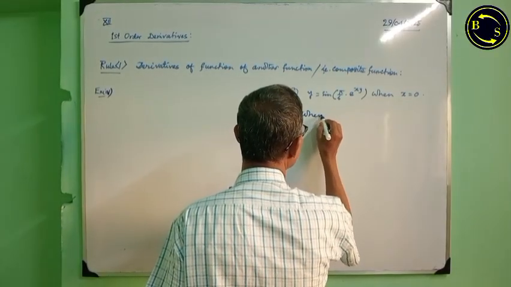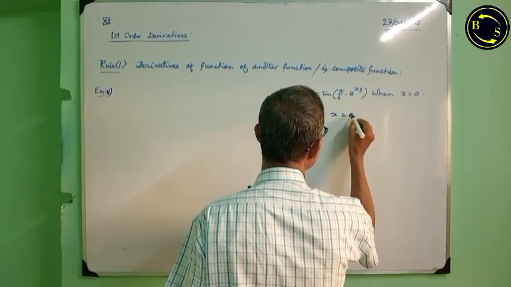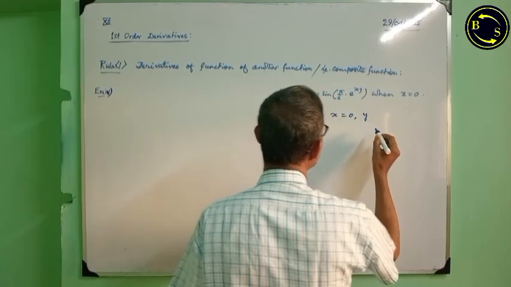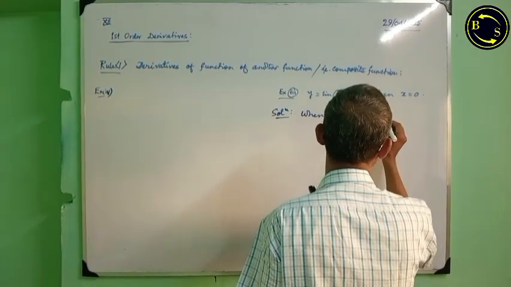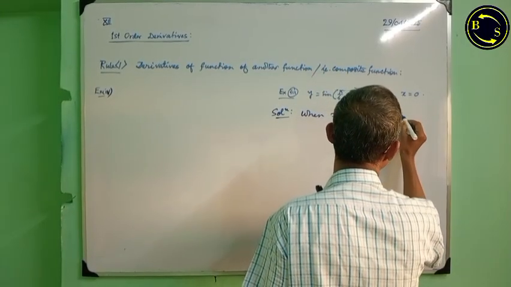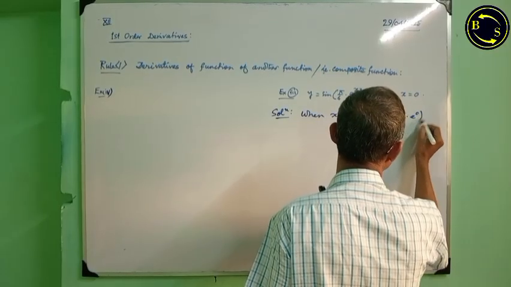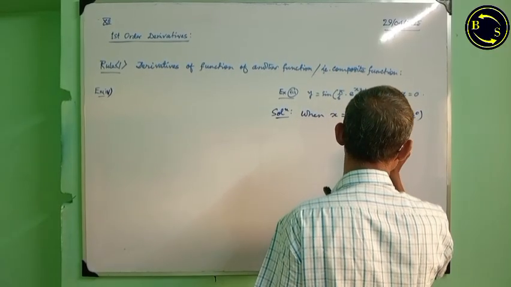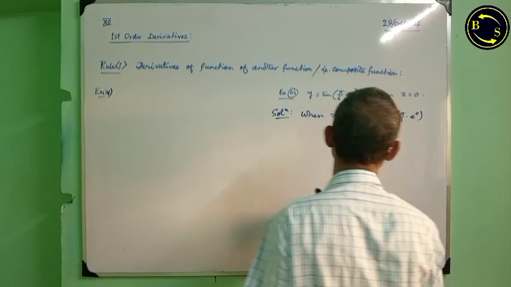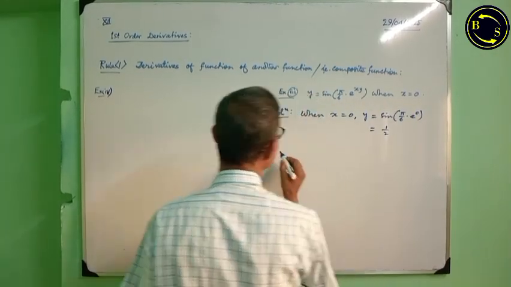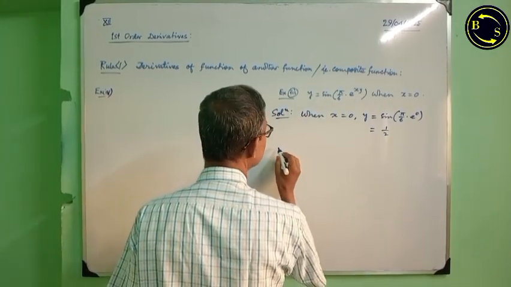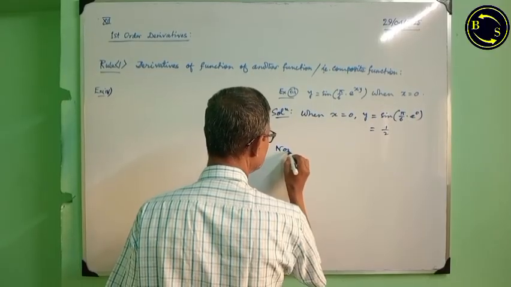When x equal to 0, y equal to sine of pi by 6 into e to the power 0, sine pi by 6, that means half.